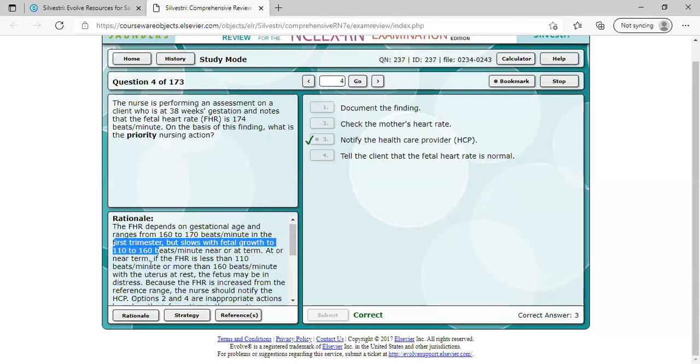At or near term, if the fetal heart rate is less than 110 or more than 160 beats per minute within the uterus at rest, the fetus may be in distress because the fetal heart rate is increased from the reference range. The nurse should notify the healthcare provider.